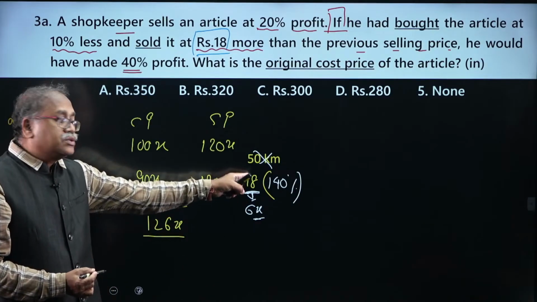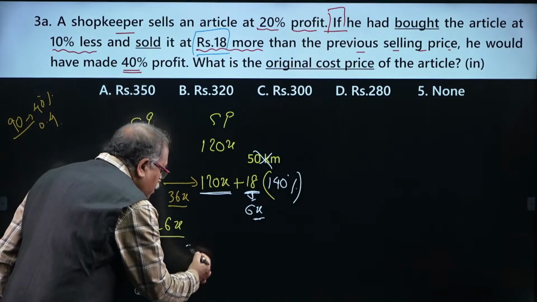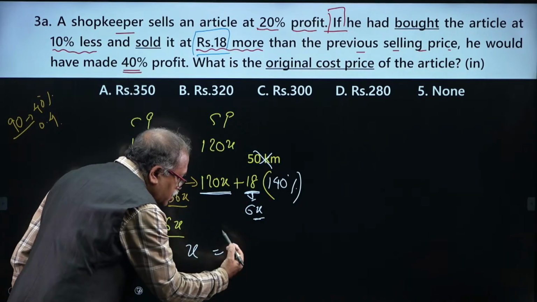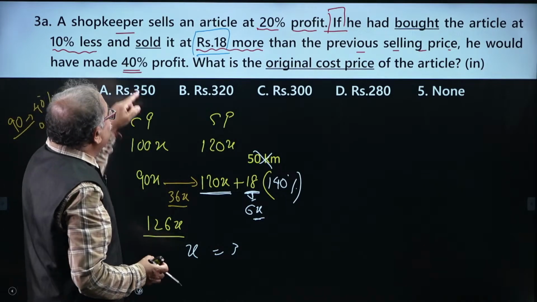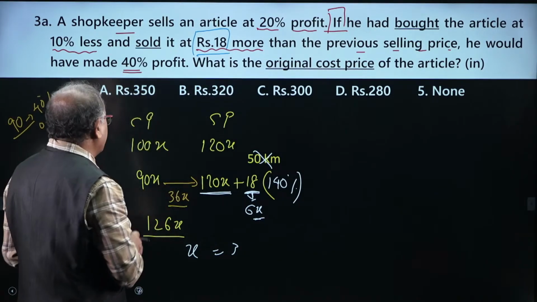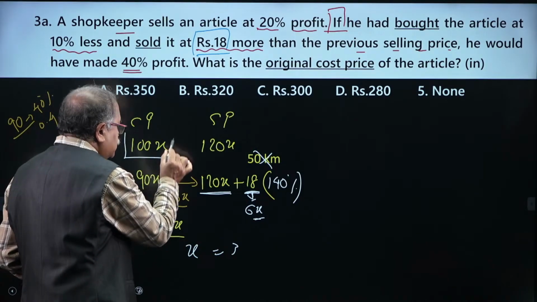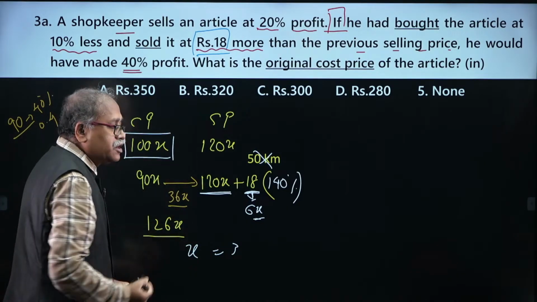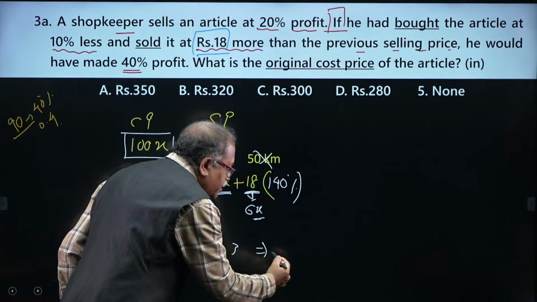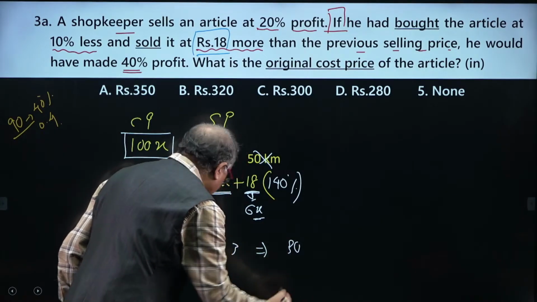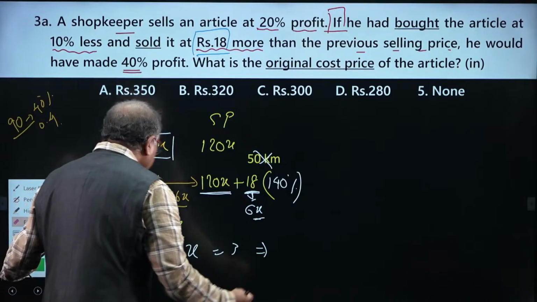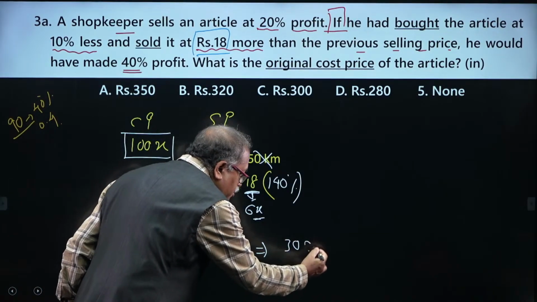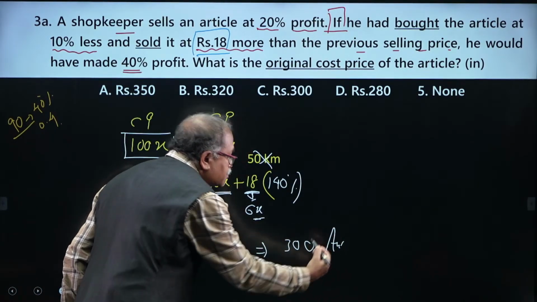You are asked to find out the original cost price. The original cost price is 100x, where x is 3, therefore, 100x is equal to 300. That should be your answer. This is 300. That's your answer.